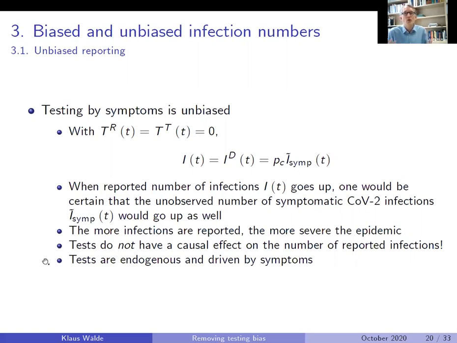Well, tests are endogenous, in the theoretical or also in the econometric sense. Tests and infections are driven by some third underlying factor, which is, of course, the true number of infected individuals with symptoms. So both of them are driven by these symptoms in society. So there's, of course, a correlation between the number of infections and the number of tests, but there's no causal relationship.